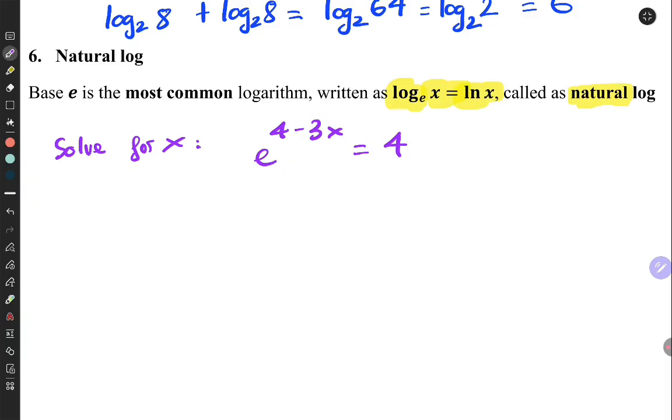Okay. There's a technique. If your variable, the x, the y, the unknown, is in the exponent, the first thing you want to do is bring it down to the round level, the base down here, right? Okay. So how do I bring it down?